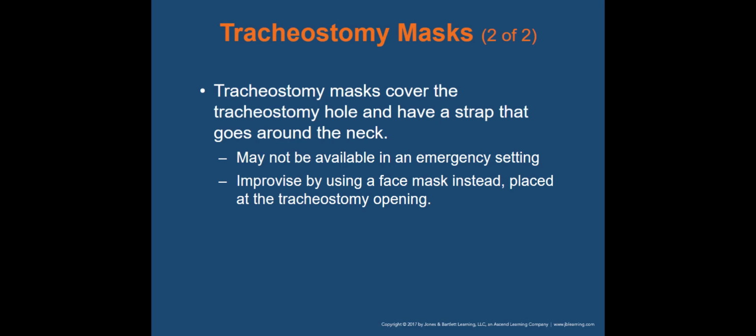Tracheostomy masks cover the tracheostomy hole. They have a strap that goes around the neck. It secures more tightly to the neck versus the non-rebreather concentrator mask. But the airflow delivery for oxygen is going to be higher for these patients, regardless of the type of mask that you use. And if you're trying to oxygenate them, then that is your goal.